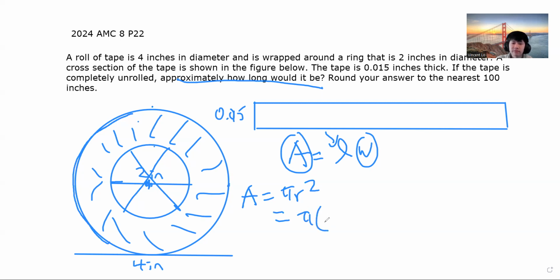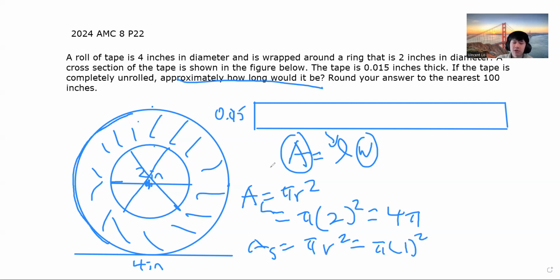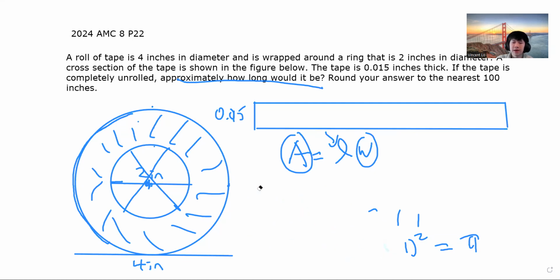For the area of the big circle, we have pi times r, which is 2, squared, so 4 pi. The area of the smaller circle is also pi r squared, but the radius is equal to 1 in this case because the diameter is 2, and 2 divided by 2 is 1. So we subtract to get that the area of the annulus, or the area between the circles, is equal to 4 pi minus pi, which is equal to 3 pi.